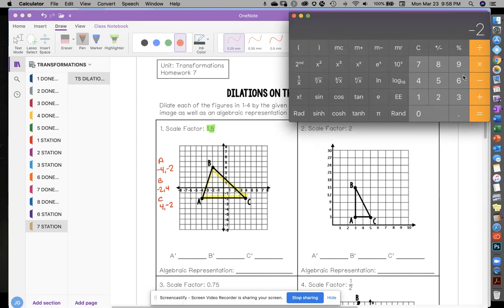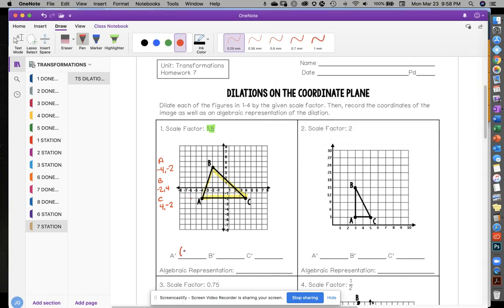So we have negative 2 times 1.5 gives me -3. So my A is going to be at -6, -3. All right, now let's go -6, -3, so it's right there. There's my A prime.